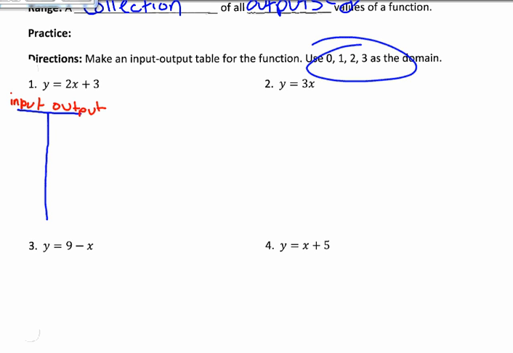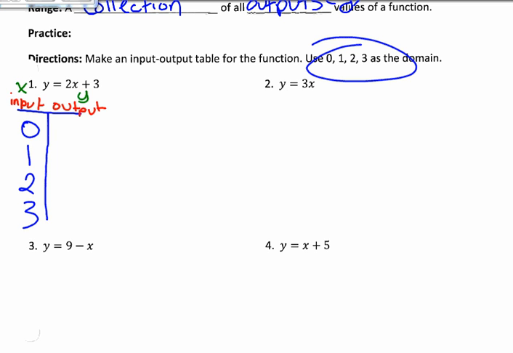Remember, we could also list those as x and y. For the input, it wants us to use 0, 1, 2, and 3. These are the numbers that we're going to input into our equation, and whatever we get out, we'll put in the output side.